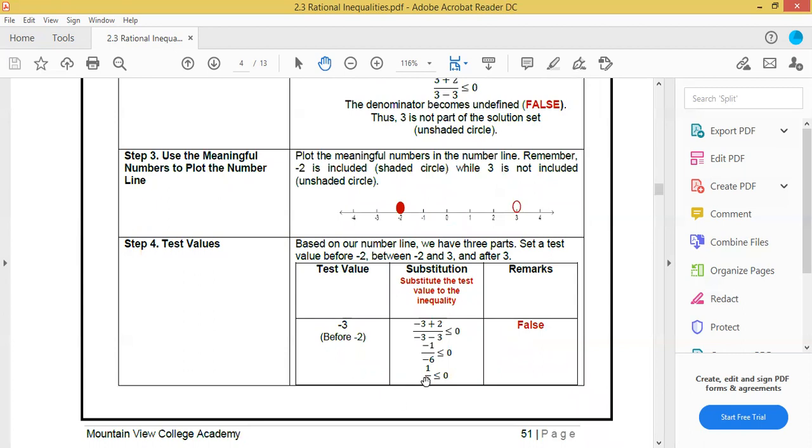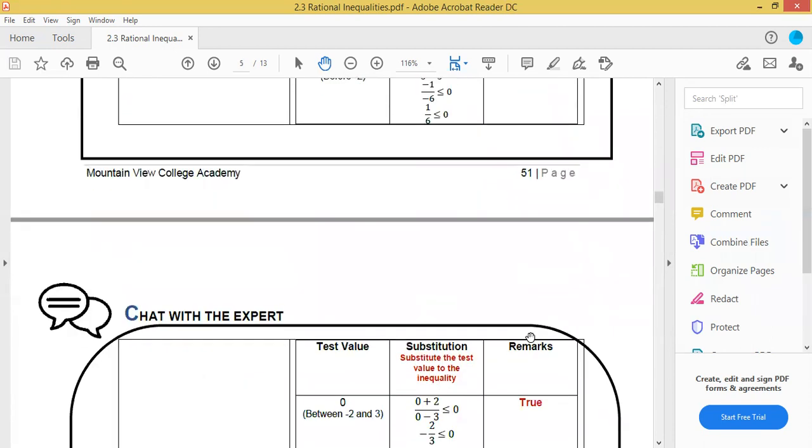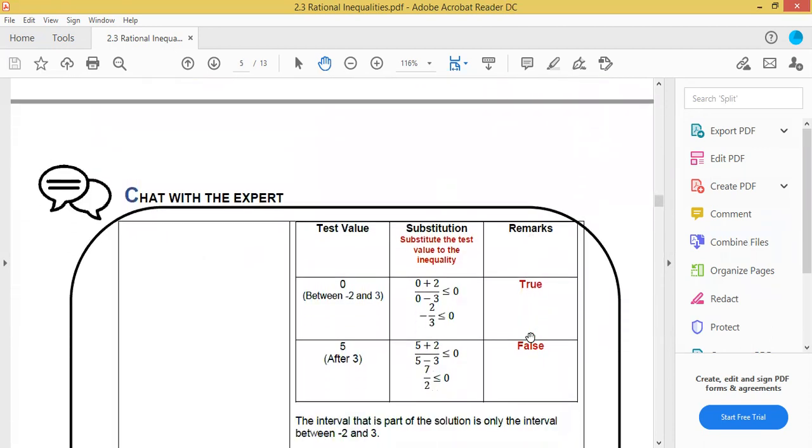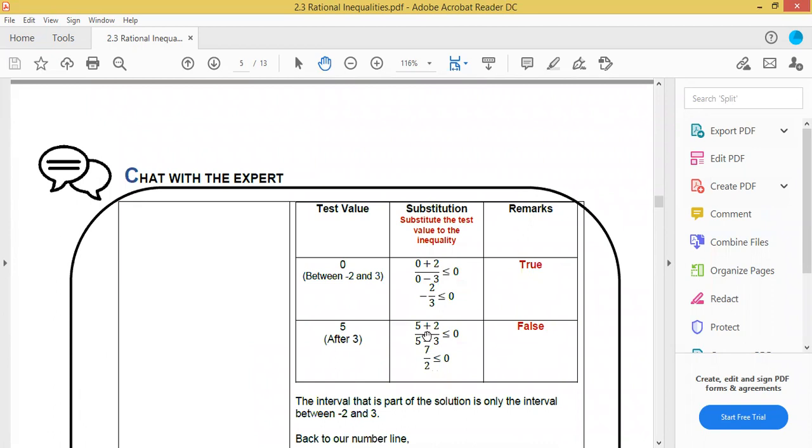When we substitute -3 into our inequality, it will give 1/6, which is less than or equal to 0. And this statement is false. When we substitute 0 into the inequality, it will give us -2/3 is less than or equal to 0. This is true.